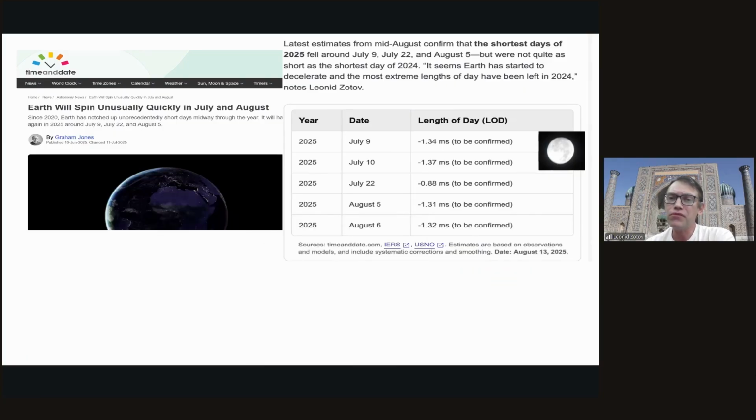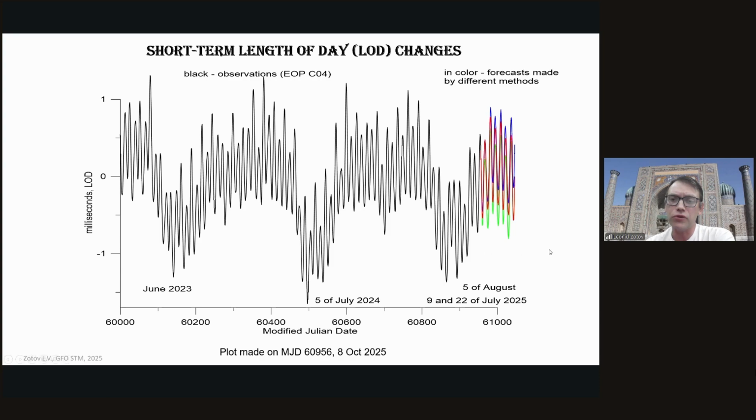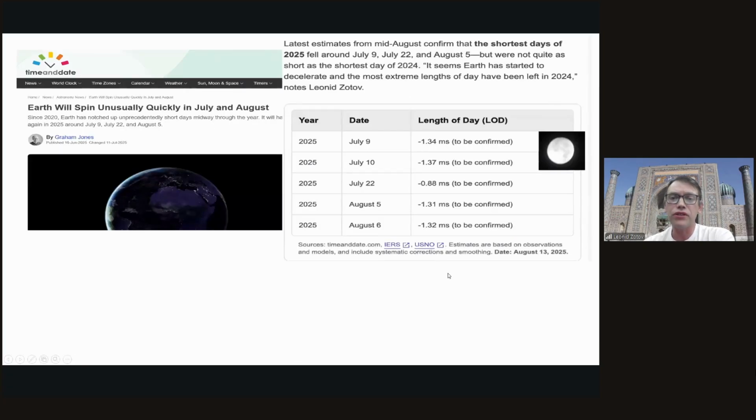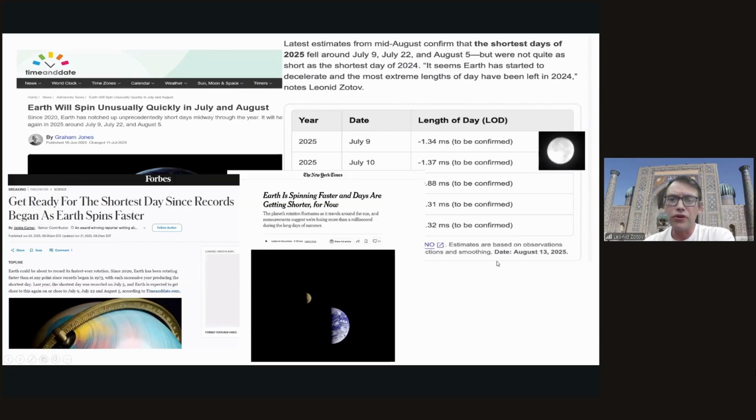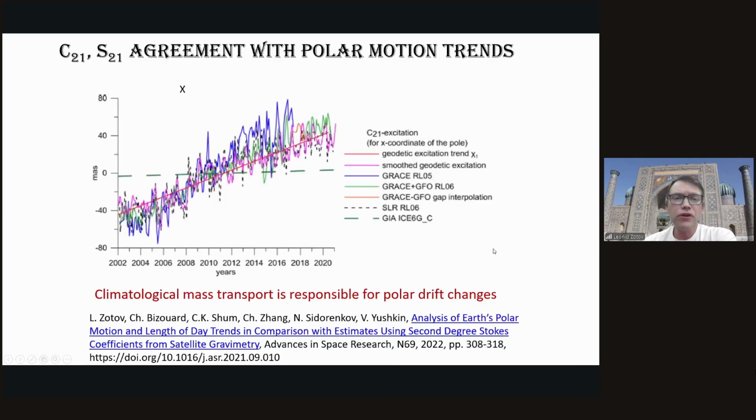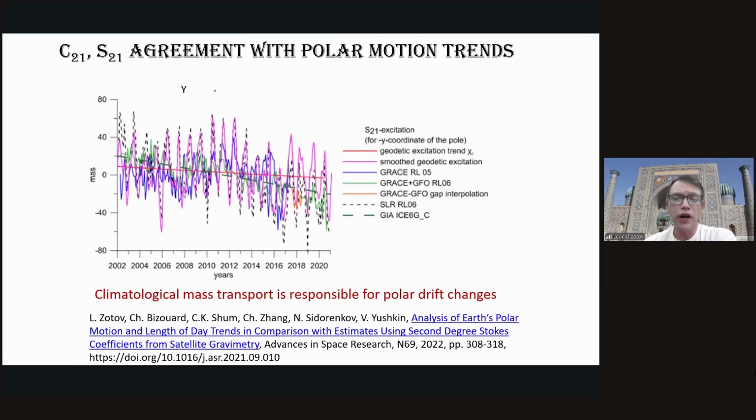These minima are usually related to several effects: decadal acceleration, annual acceleration, and tidal acceleration, fortnightly tides with a 14-day period related to the moon crossing the equator. We know that the C21, S21 coefficients are in agreement with polar motion drift, X component, Y component. There were many publications.